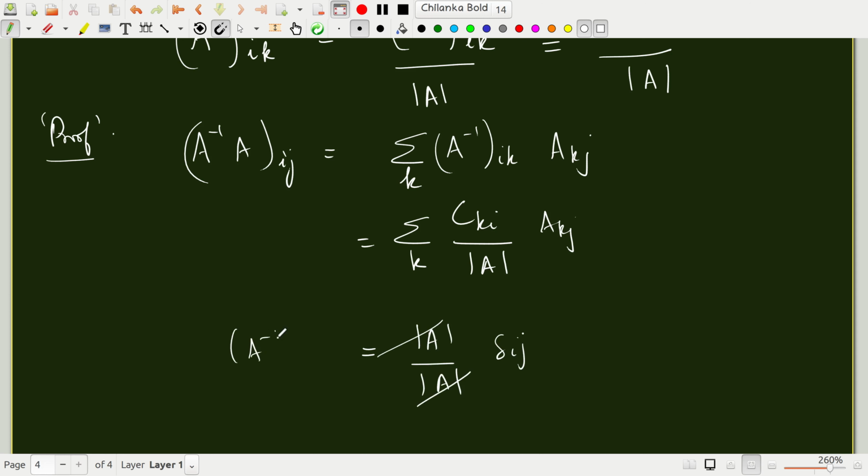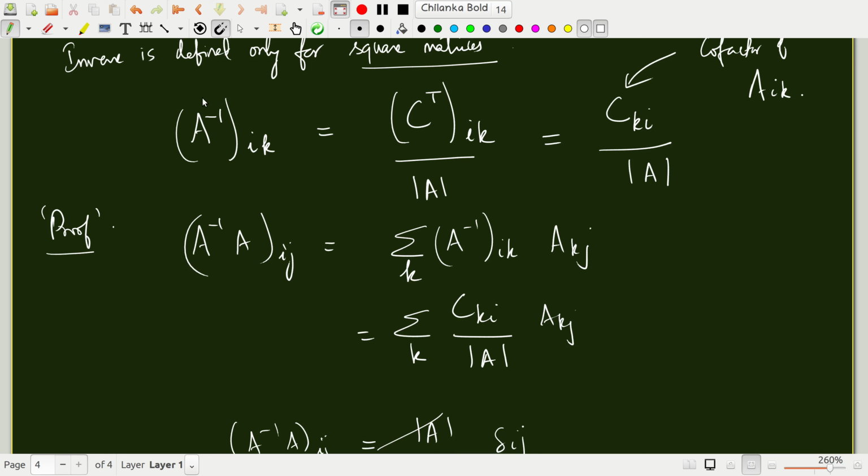So A inverse A ij is delta_ij. That's why this is indeed the inverse. So to find the inverse of a matrix, all you have to do is find the cofactors. If you want the ik-th element of the inverse of A, find the cofactor of the ki-th element of A, and divide by the determinant of A.